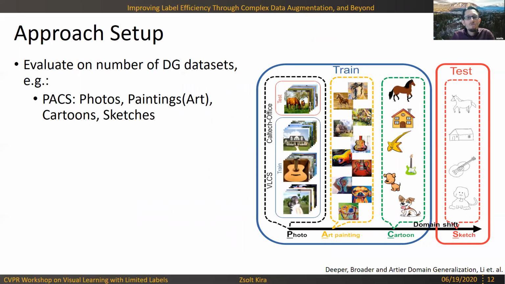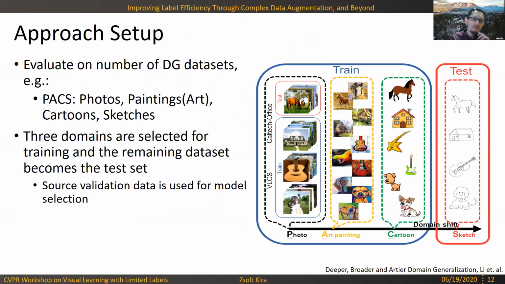We're going to look at different domain generalization data sets, such as PACS, which has photos, art, cartoons, and sketches. We take 3 domains selected as the source, or training domains, and then the last domain is the test domain, and we cross-validate. So we pick many triplets of 3 source domains and pick the last as test.